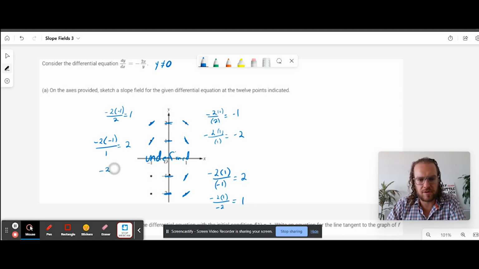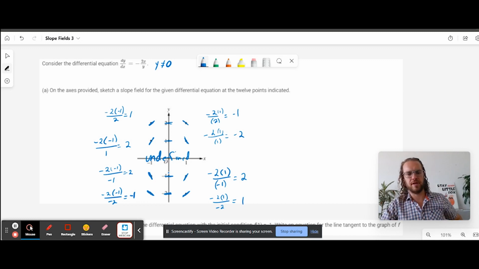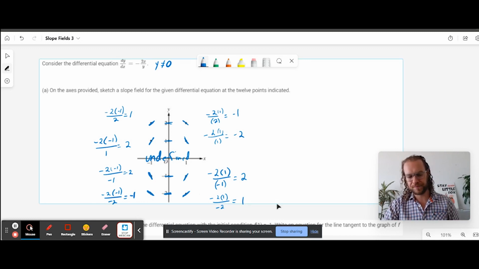So we're going to get -2 times -1 still, but now we're going to divide by -2. So -2 times -1 over -2, 3 negatives in there, is going to give us -1. And so that would be our slope field for all of our points that are indicated there.